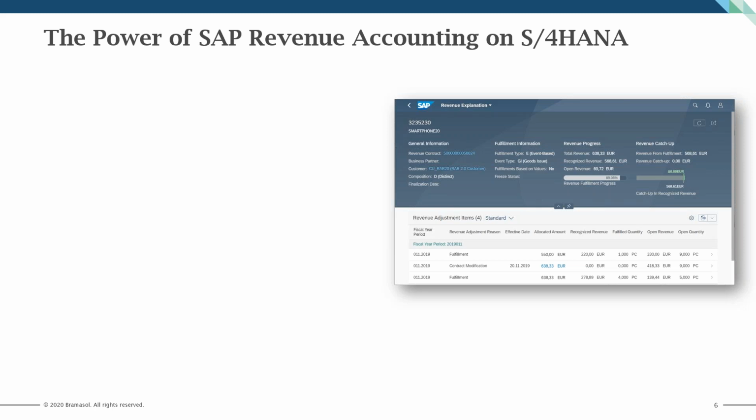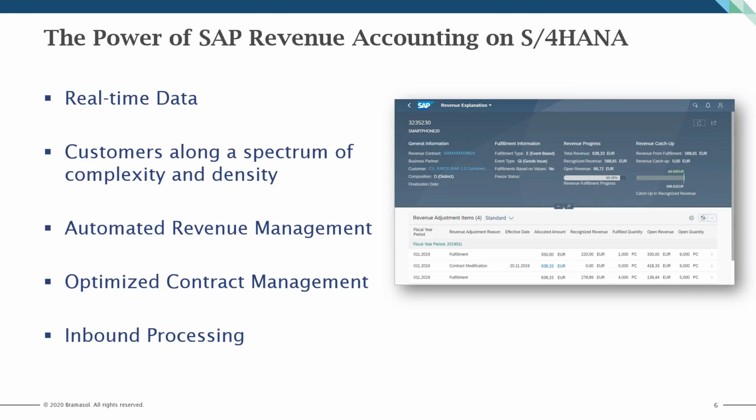So we picked these topics during our conversations, and we talked about the power of SAP revenue accounting on S/4HANA and what's driving this. We talked about a number of things, and we'll touch on each of these subjects. But Pete, maybe you can share with the audience what I like to call the so what of RAR and S/4HANA.